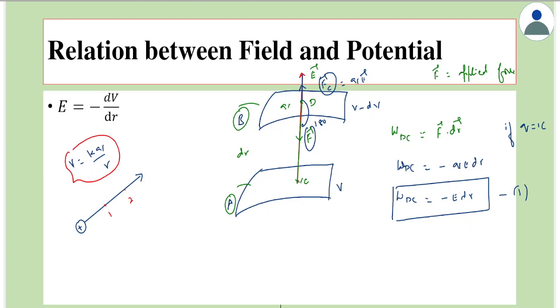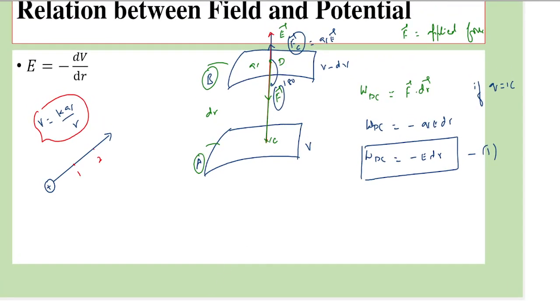Let's call this 1. By definition of potential, the work done to move from initial to final point by the charge moved is equal to V final minus V initial. Same thing here, the work done to move from D to C, with q as 1 coulomb, is V_C minus V_D. V_C is the potential on the surface, which is V, minus V_D, which is V minus dV.